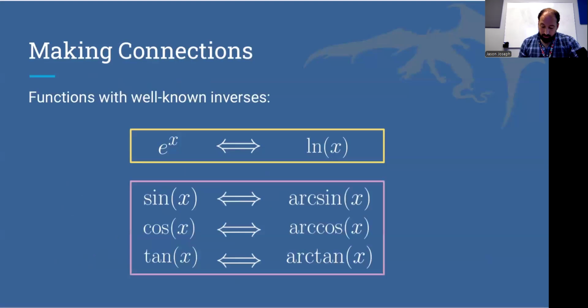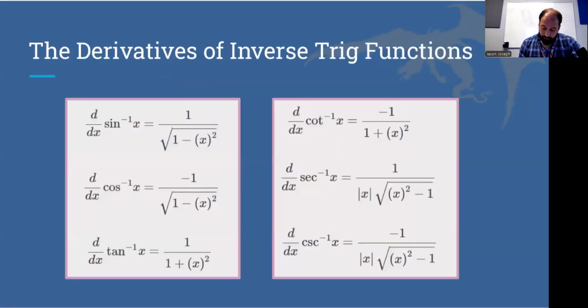Going back to these inverse trig functions, their inverses are called arcsine, arccosine, arctan, also sometimes denoted like this. And on the left here are the derivatives of those three inverse trig functions.